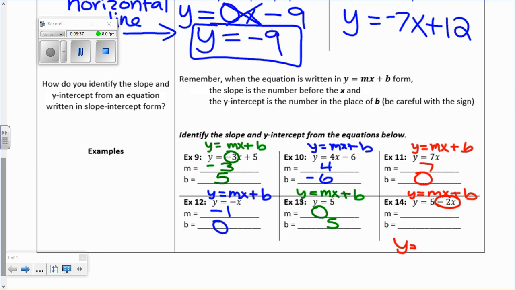So always take the sign in front of it. So that's y equals -2x, and then 5 is positive plus 5. So now that equation is written in slope-intercept form, which now our slope is -2, and our y-intercept is 5. All right.